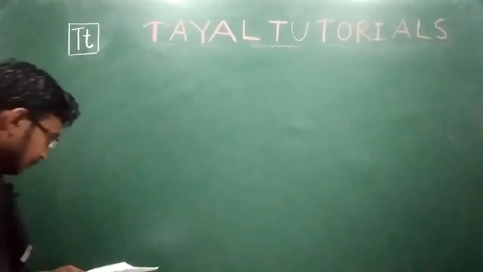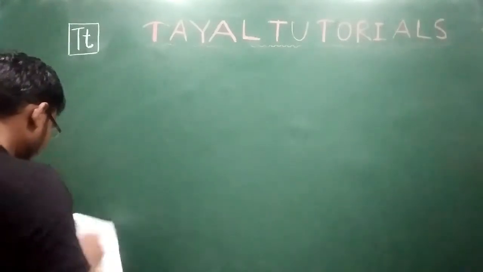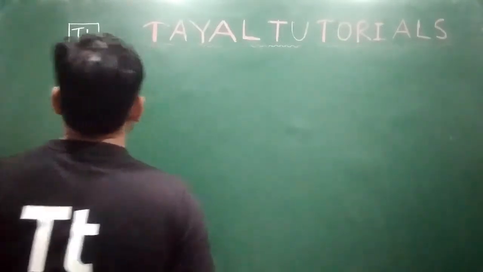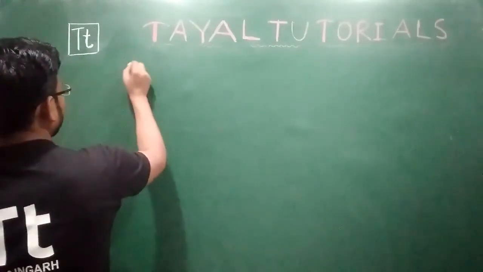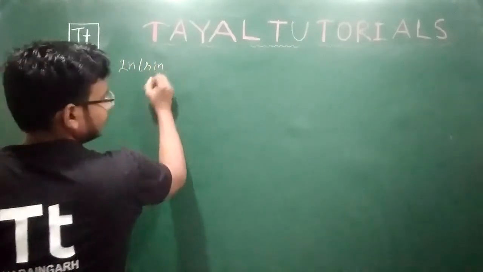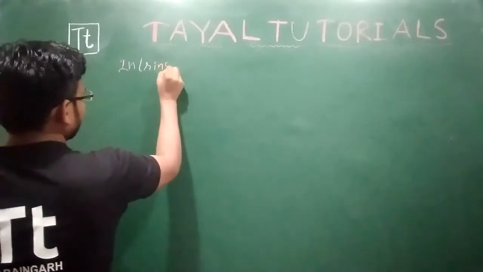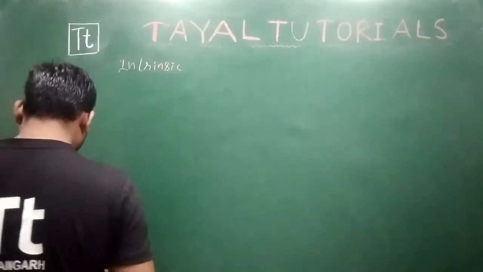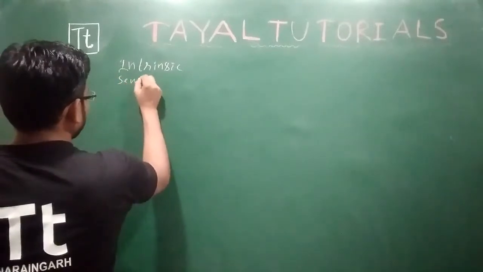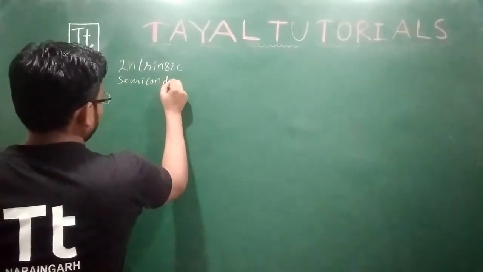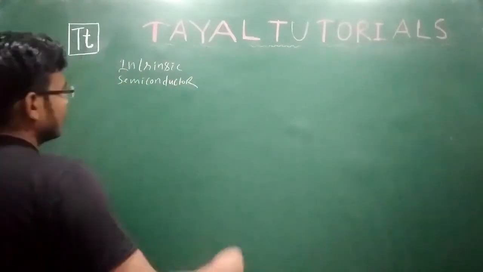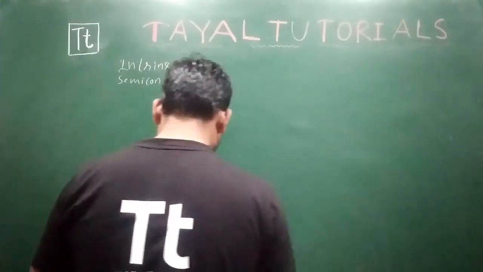So let's write some differences between intrinsic and extrinsic, that is P-type and N-type. The topic is that is intrinsic semiconductor. Next, extrinsic, that is, let's see, first is N-type and second is your P-type.